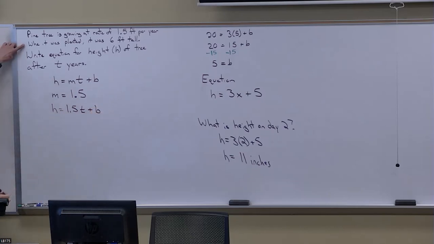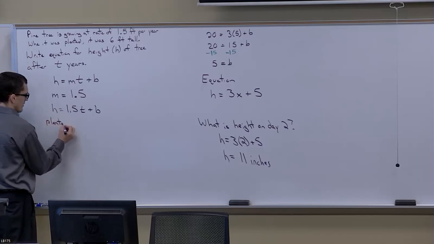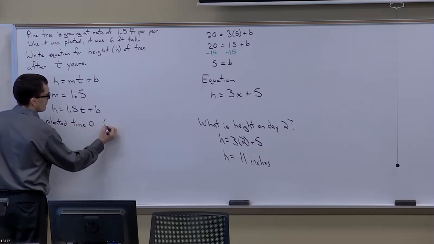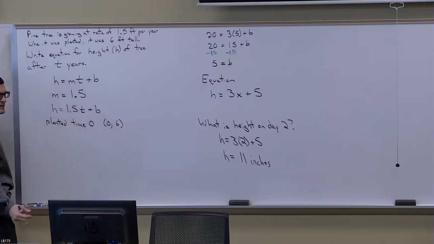When it says it was initially planted, initially planted means time of what? We'll call that time 0 since it was planted, right? So it's planted at time 0, we have the point 0, 6. That's actually gonna be my b, isn't it? Because y-intercept always has x value of 0.